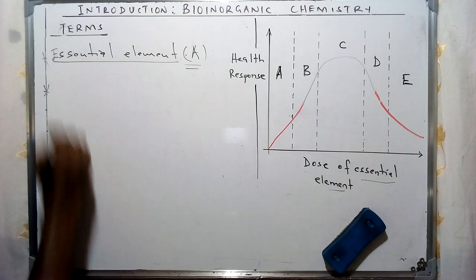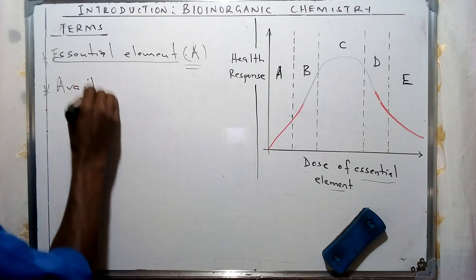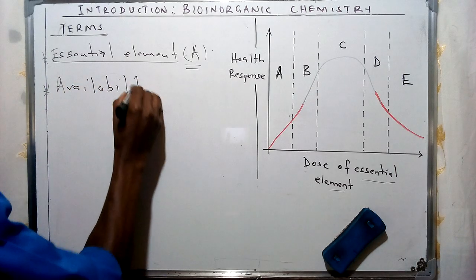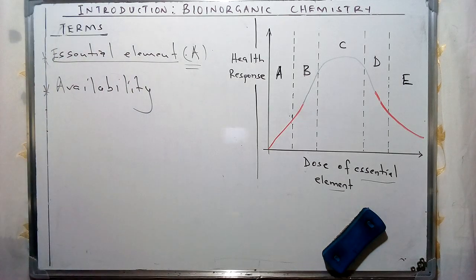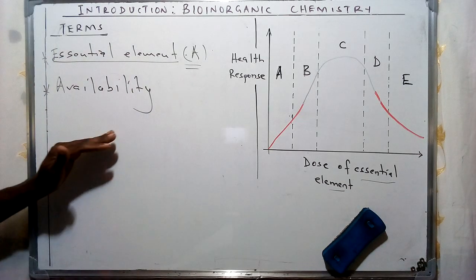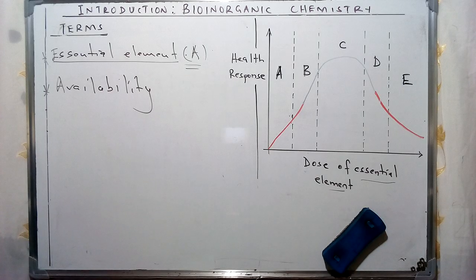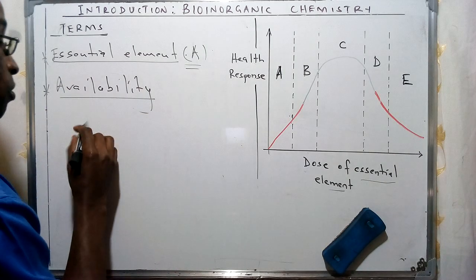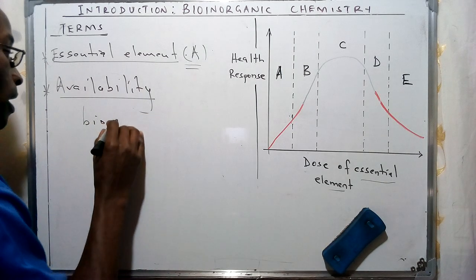So in a sense, we can regard a specific element as being available, and therefore the use of an element in nature is going to be dictated by its specific availability. So therefore, in this specific context, we are going to refer to elements as bioavailable.